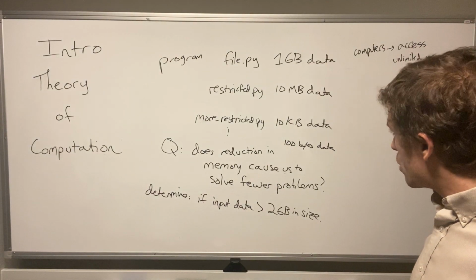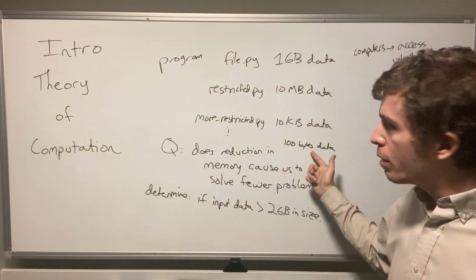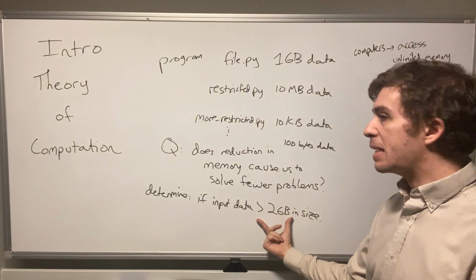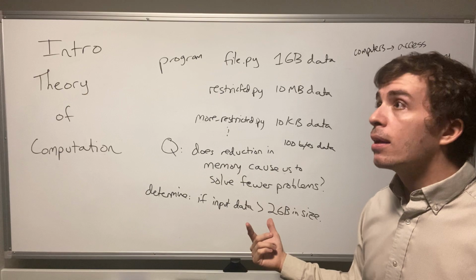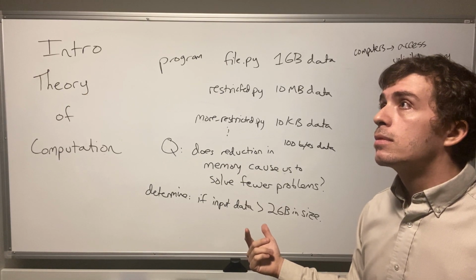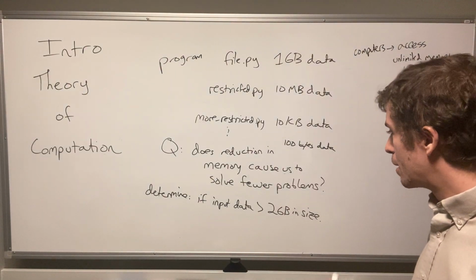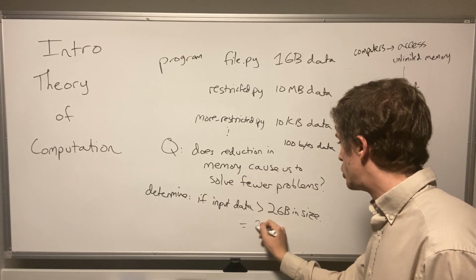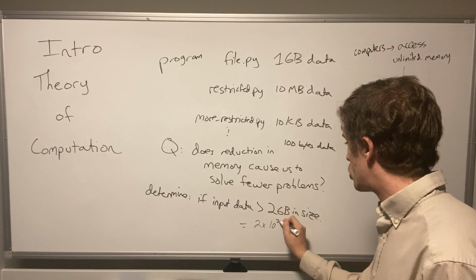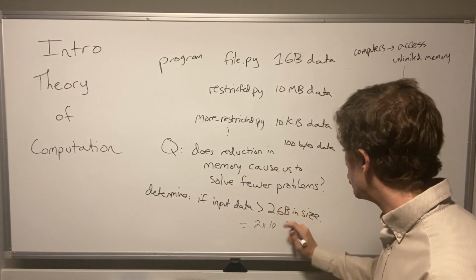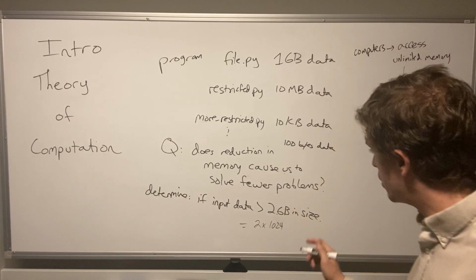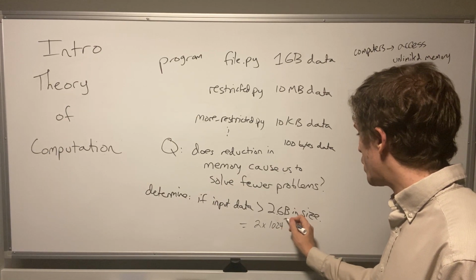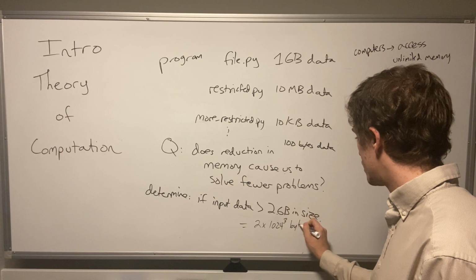Well, with a really small amount of data, you can actually solve this particular problem, because 2 gigabytes is roughly, so let's actually calculate how big 2 gigabytes is. That's 2 times 1024 to the 3rd power bytes.